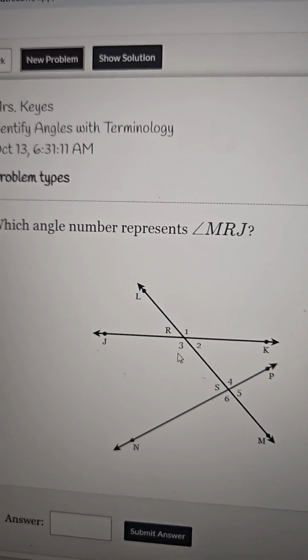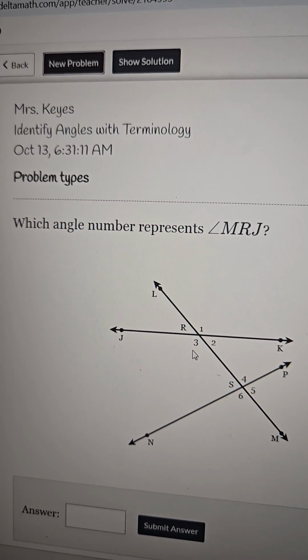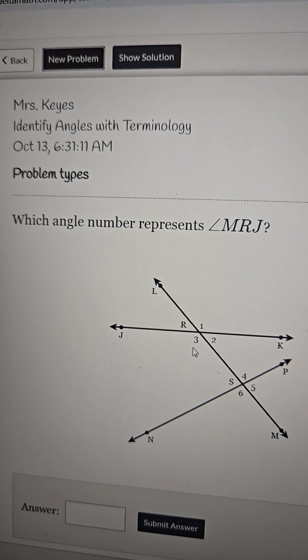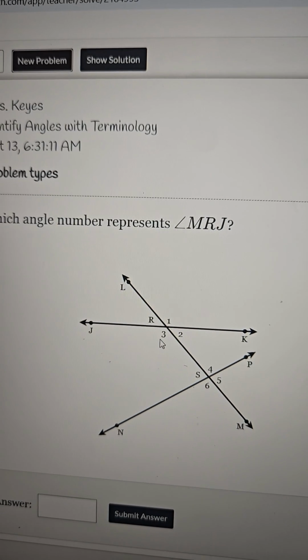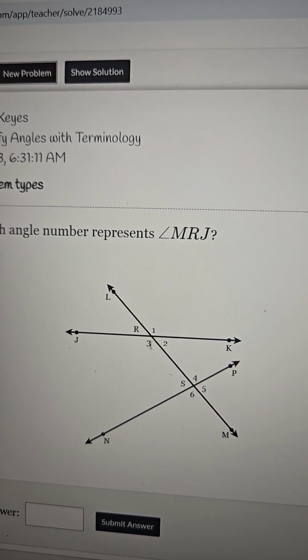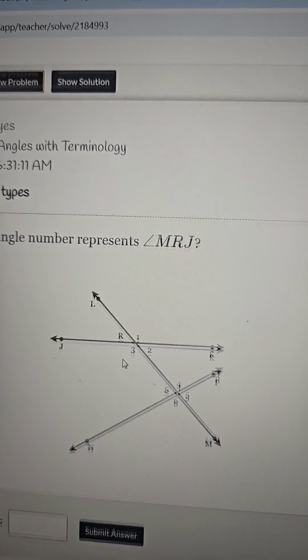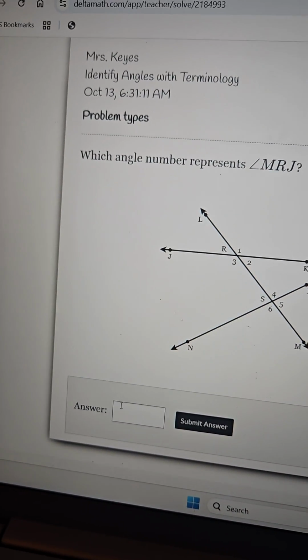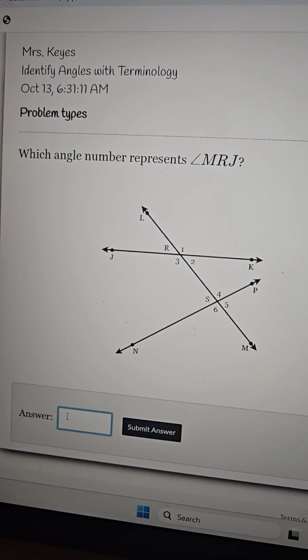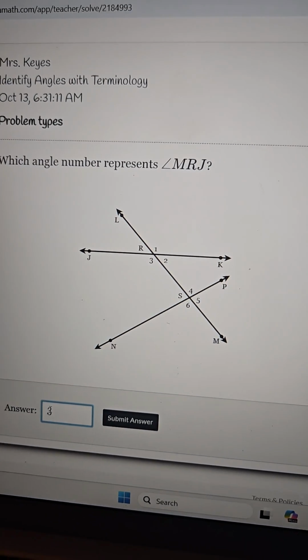It's looking for 3, and it says which angle number represents MRJ. Oh, it's just asking which angle number represents MRJ, so it's 3. So that one's really easy. You didn't even really have to think about that one. It has been asking like linear pair or vertical angle or whatever, but that one was not the case.